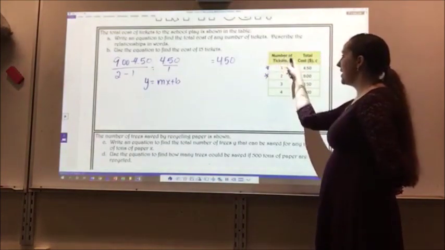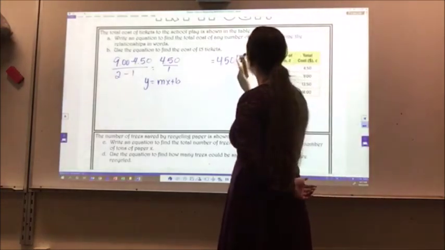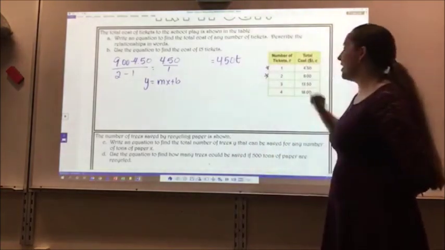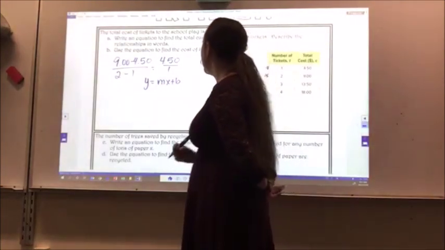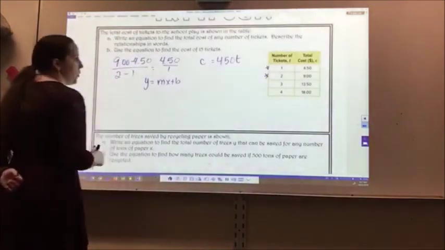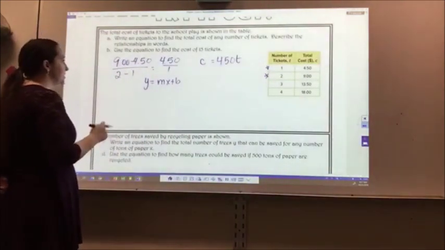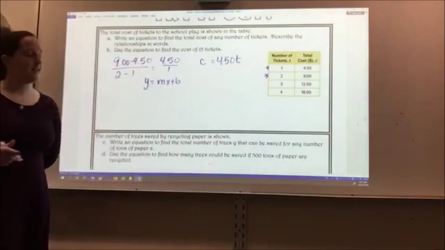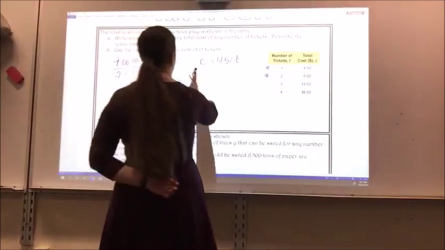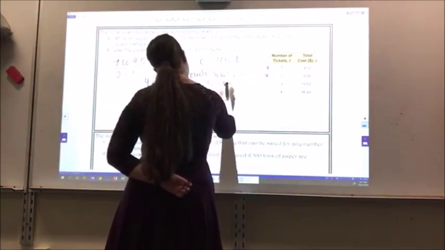So my x value is the number of tickets, t, and my y value is the total cost, c. So my equation is c equals 4.5t. This represents that each ticket costs $4.50.